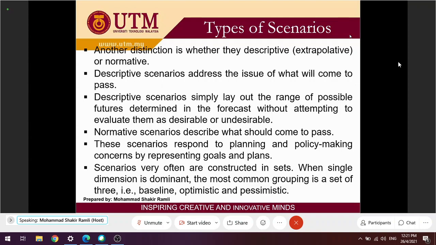When we study, for example, one dimension or one construct, one variable that we think is the most important, X1 is the most important factor or variable in our study. Y equals X1, meaning that Y is the dependent variable and X1 is the independent variable, which is the most dominant.